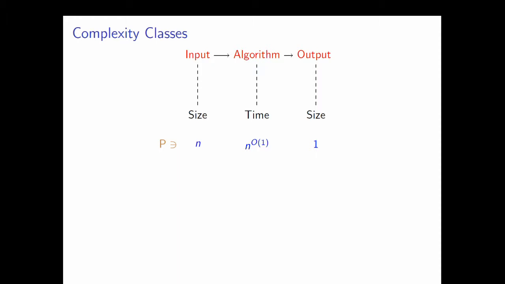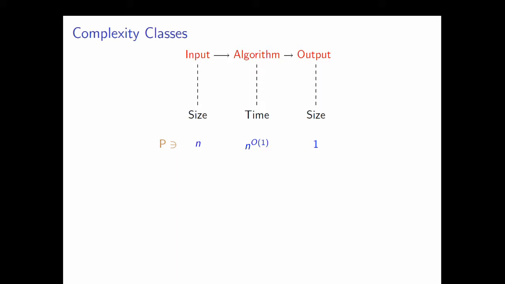Here I've used this notation to denote polynomial. All it means is that the time is n to the power of something, and this something is a constant. Because if it was something bigger than a constant, we might think of it growing exponentially, in the case of it being linear rather than constant, for example.